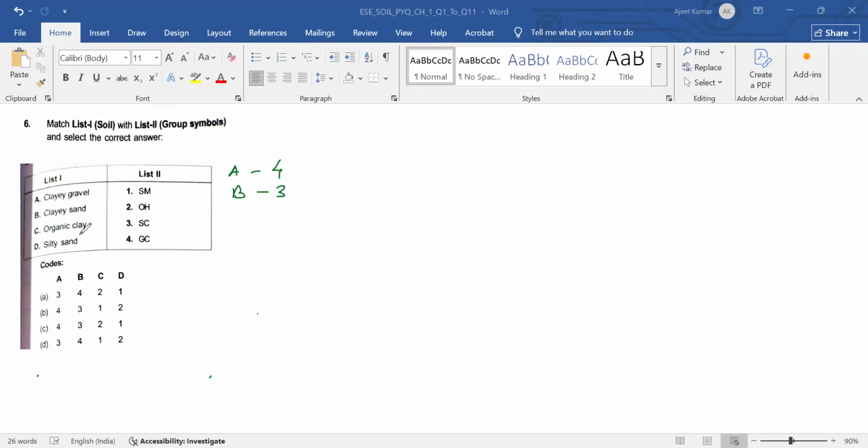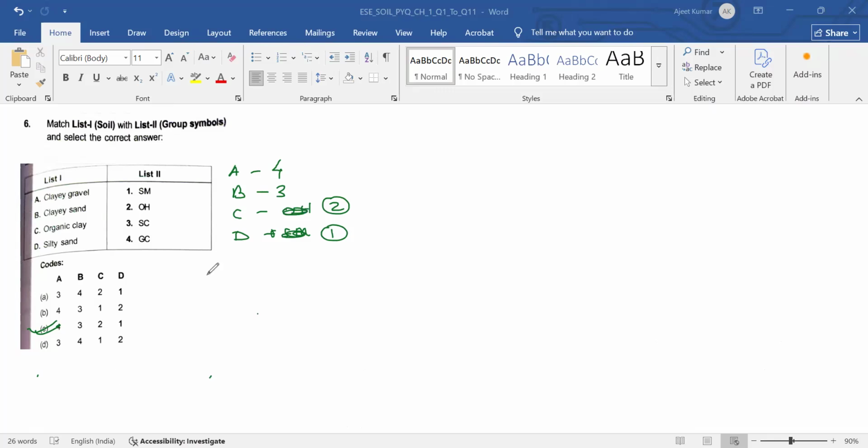Organic clay is OH, high plasticity organic clay, so C is 2. And D, silty sand, is SM, M for silt, so that is 1. So 4 3 2 1. Option C will be the correct answer for question number 6.